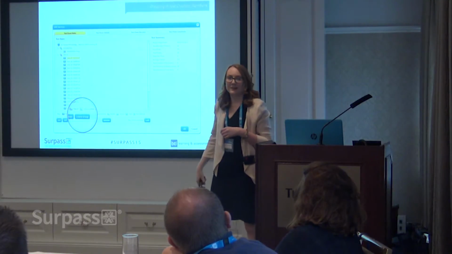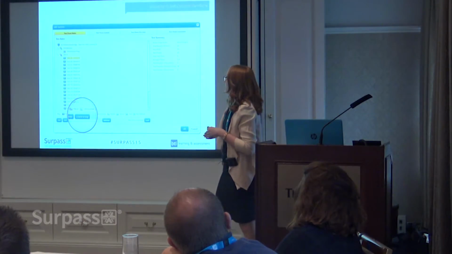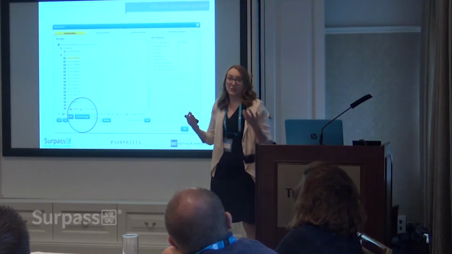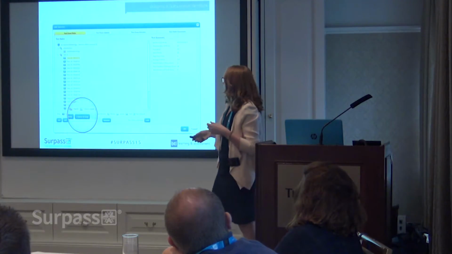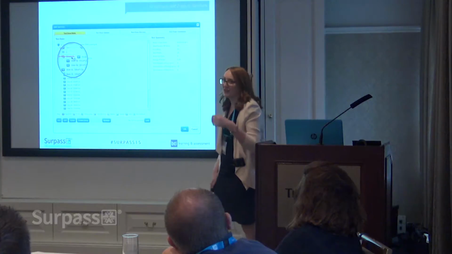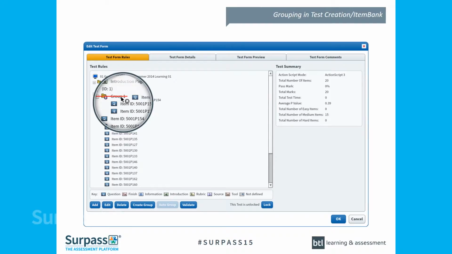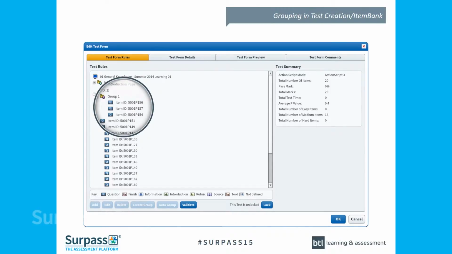You've got create group down at the bottom, and that just lets you create what we call a group, which is the scrolling page. So once you've created the group, again, it's drag and drop. So you drag and drop the items in, you drag and drop them to reorder, so you can create those longer pages just really quickly. So there you go, there's 3 items in that group, and that will appear as 1A, 1B, 1C, for example.